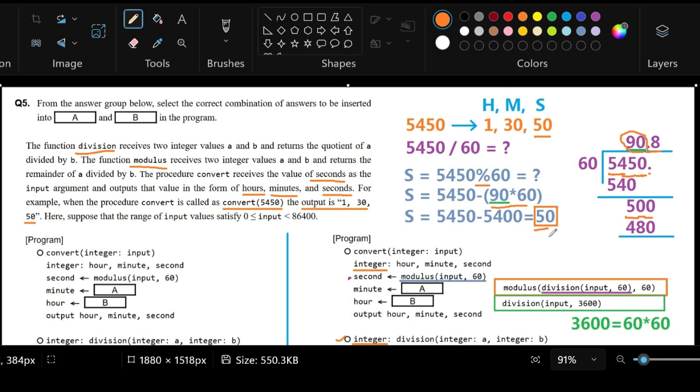Now that gives us 50, which is the second. And from there, I think we should have an idea how to go about doing minute and hour.